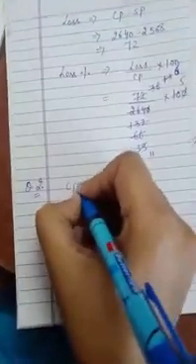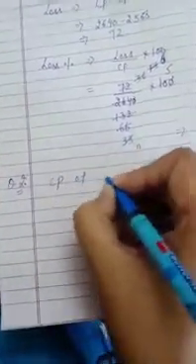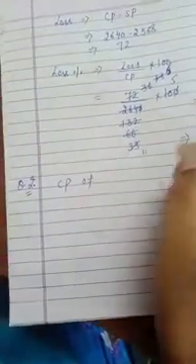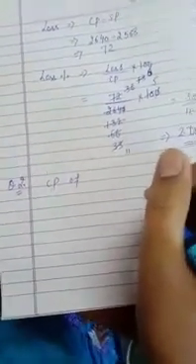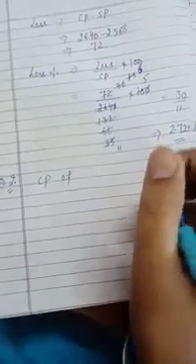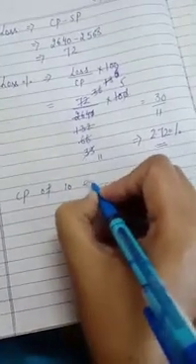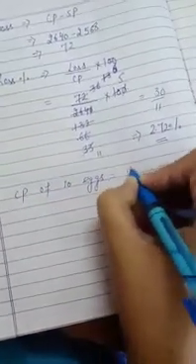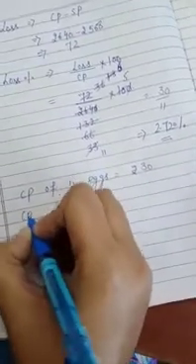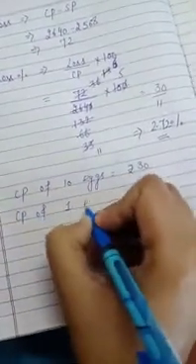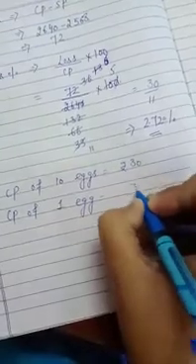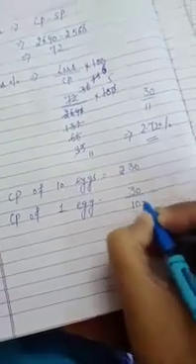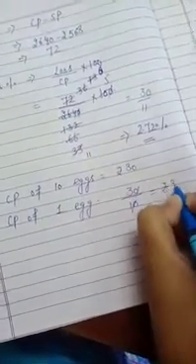So firstly we have to find out the cost price of 10 eggs, which is given as rupees 30. We have to find the cost price of only one egg, that is 30 divided by 10, which is equal to rupees 3.